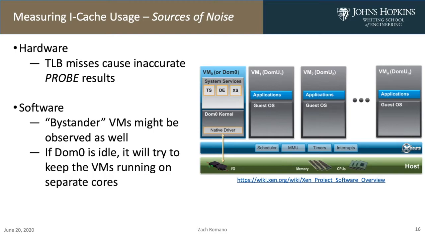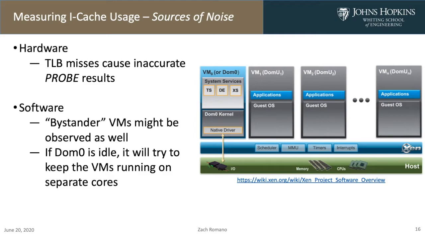So what we can do is, if we provide a pretty big load on this administration VM here, or DOM0, we can force it to run on all of the cores, thereby increasing the chance that VM1, our attacker, and our victim end up executing on the same core. One way that we do this is by providing a load on DOM0, by sending it a lot of network traffic.